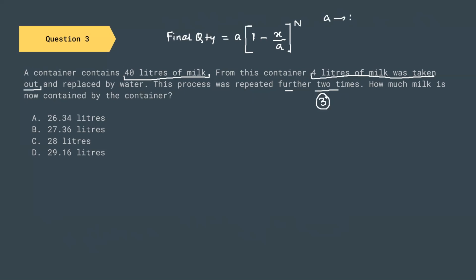A is the initial quantity, and x is the replacement quantity, and n is the number of operations performed.